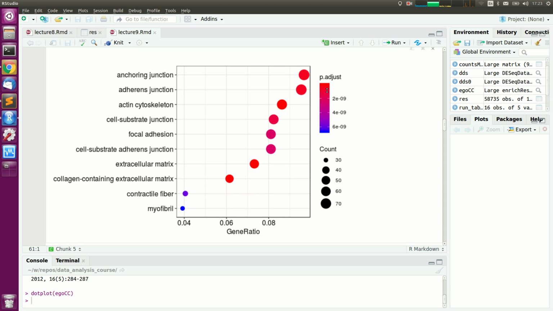So the p-value here shows us how significant this gene ratio is compared to the proportion of this kind of genes in the general list of all human genes. And this circle size tells us how many genes were in there.